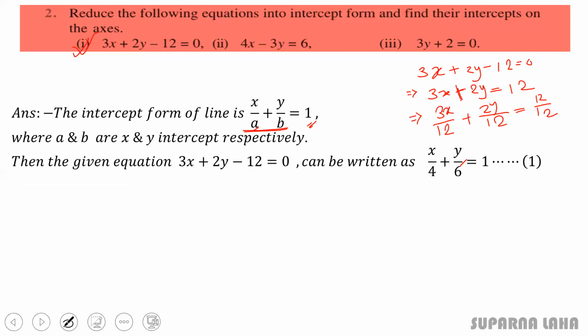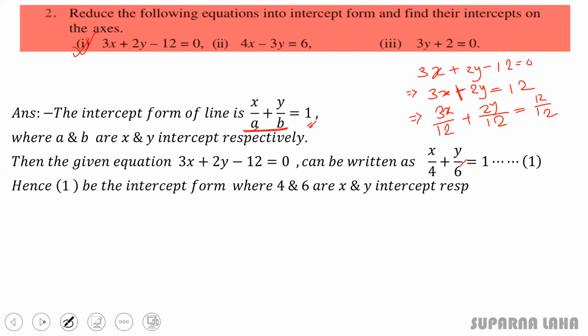So x by 4 plus y by 6 equals 1. Write down the intercepts: the x-intercept is 4 and the y-intercept is 6. So this is the equation and these are the intercepts.